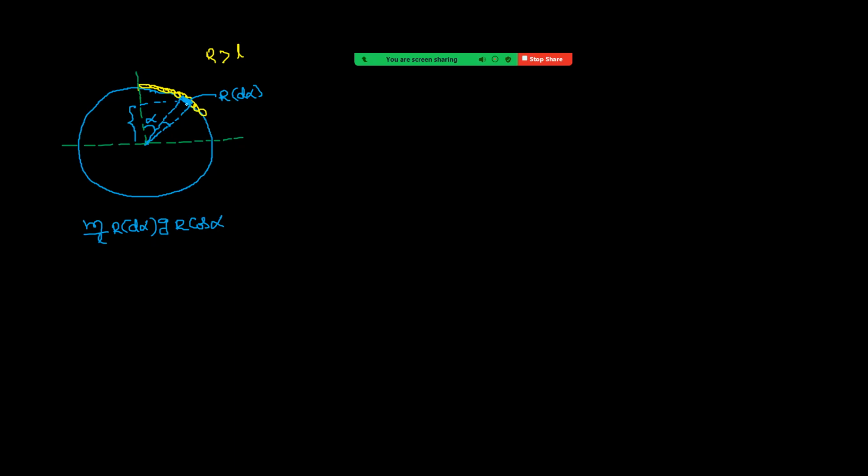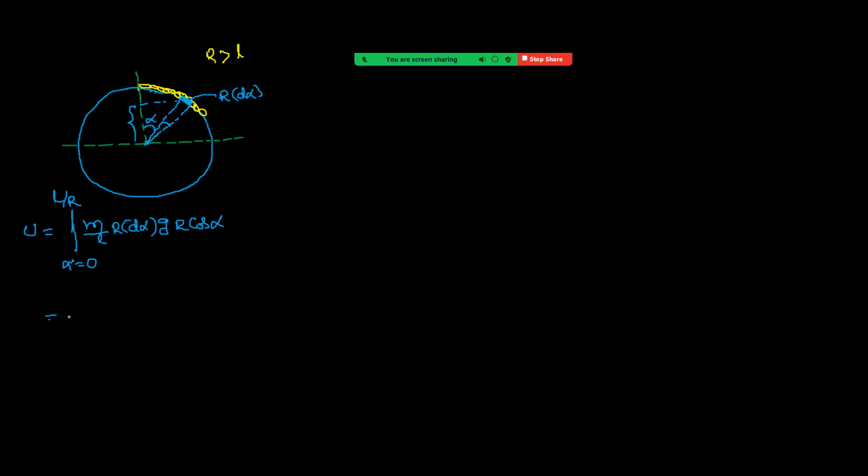Like this, we take all small parts from alpha equal to 0 up to here. The total length is L, so we take limits of alpha from 0 up to L by R. For this length L, the total angle is L by R. That gives us the potential energy of the chain.